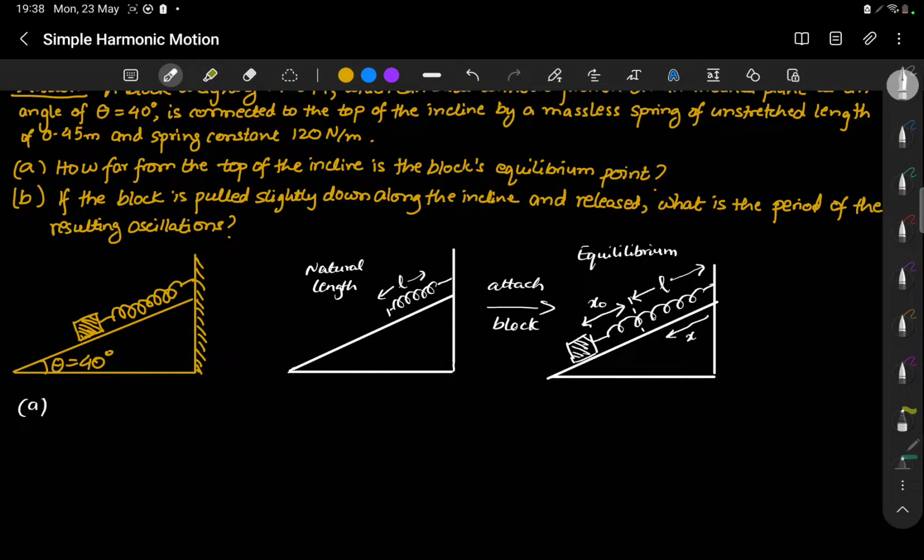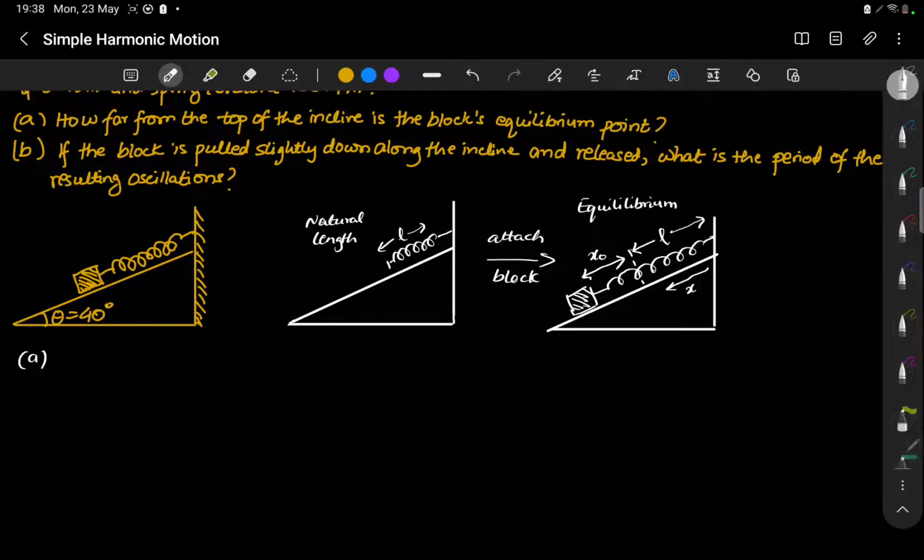So in part A, we know that the block is in equilibrium. So what are the forces acting on the block? If we draw its free body diagram, then the forces acting on the block are the restoring force, and the weight, the gravitational force mg. Now we can resolve the components.